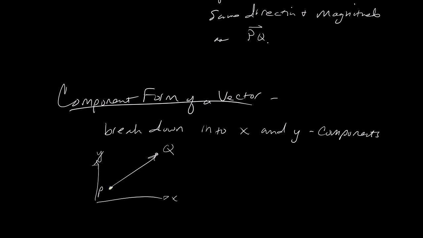Well, we would walk until we're directly underneath Q. So we're going to begin at P. We're going to walk parallel to x until we are directly beneath Q. Then we are going to walk straight up until we reach point Q.